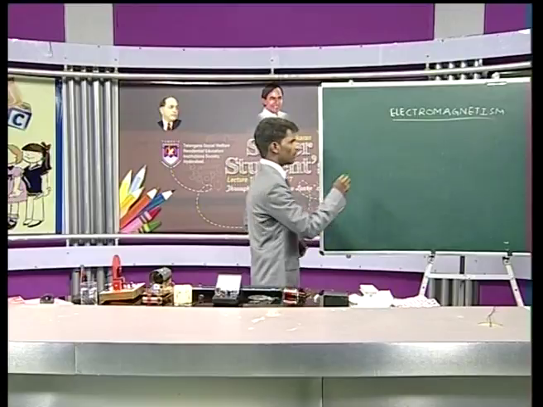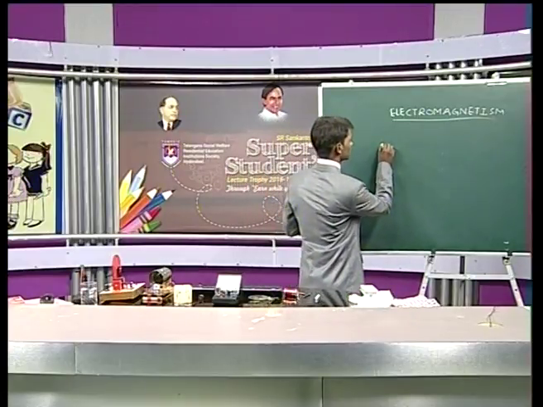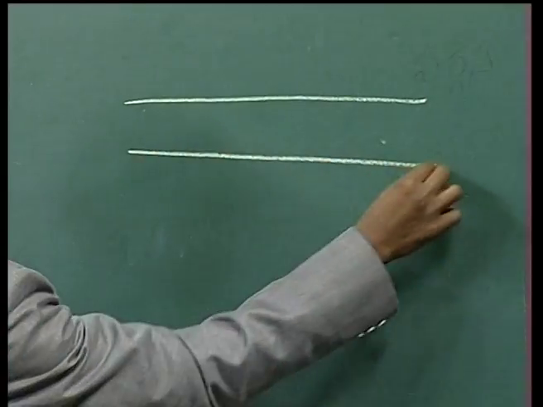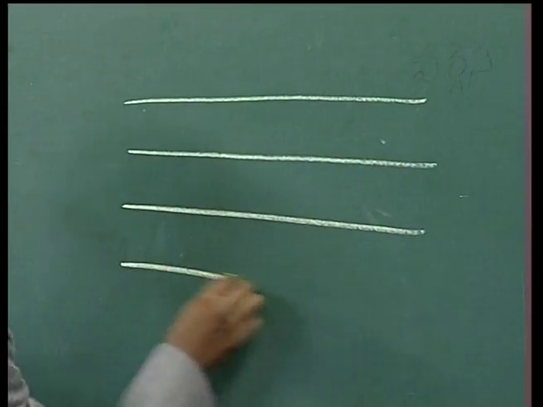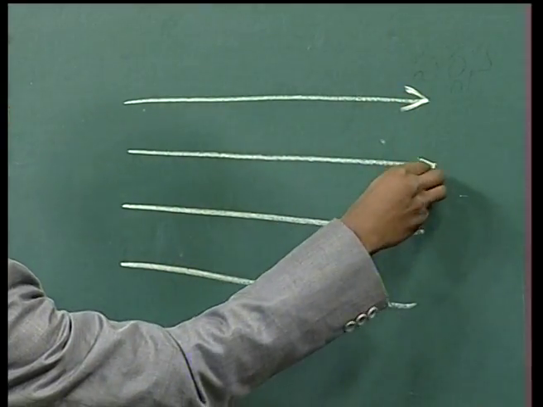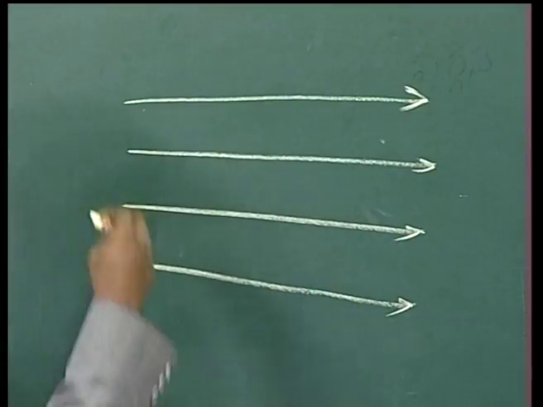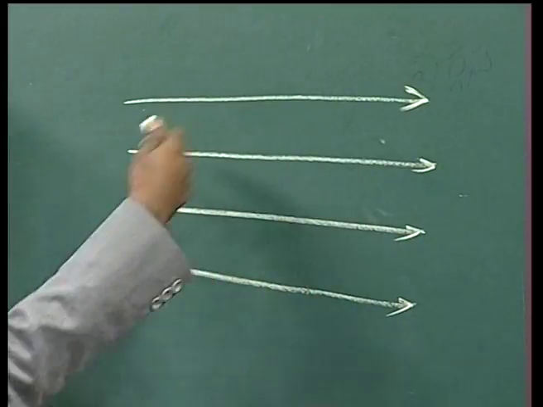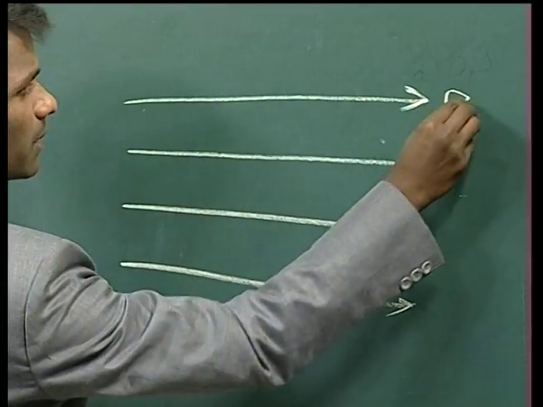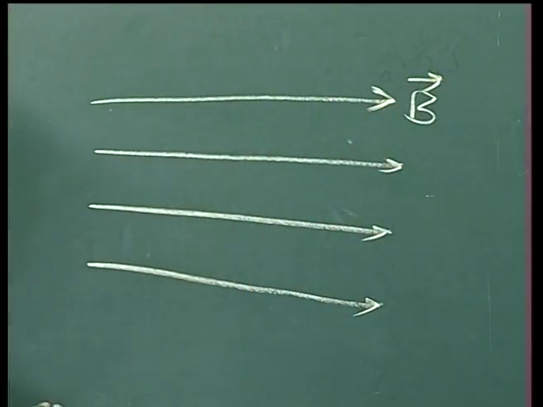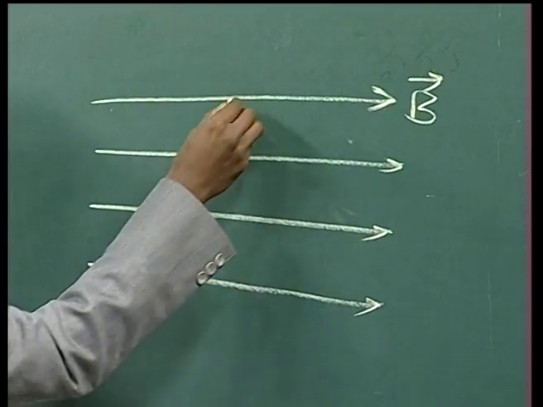Friends, let us understand what magnetic flux is with the help of a simple diagram. Magnetic flux means the number of flux lines. Friends, these are the flux lines, that is vector B, and these flux lines pass through the given area of a conductor.